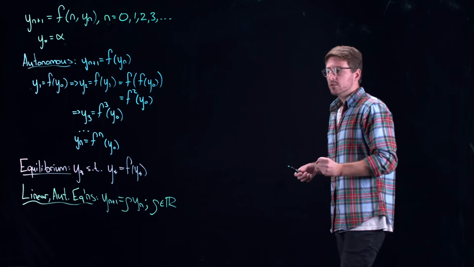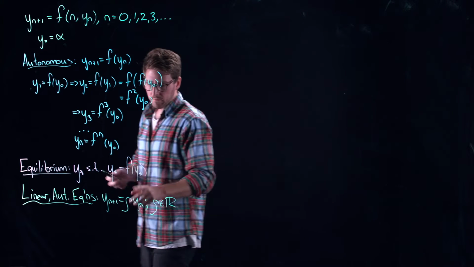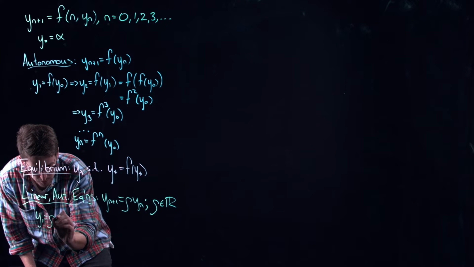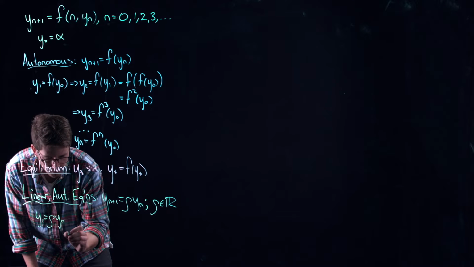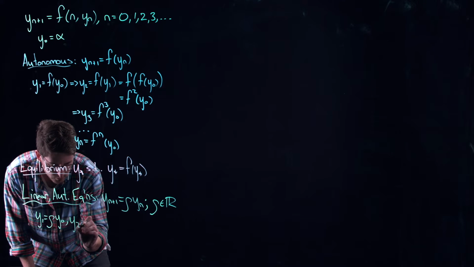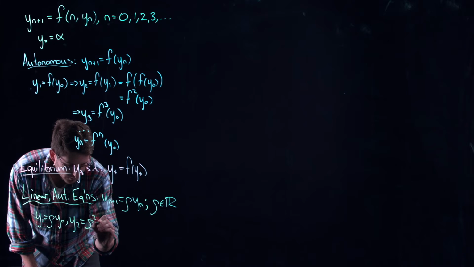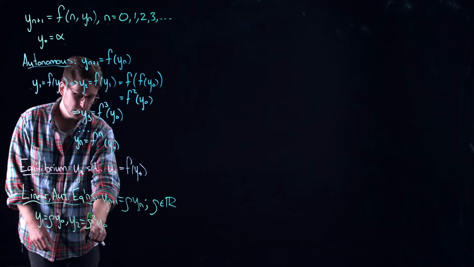Okay, so what happens here? Well, first of all, let's just write down the first few iterates. y1 is equal to rho y0, and y2 is equal to rho y1, which is the same as rho squared y0, right?